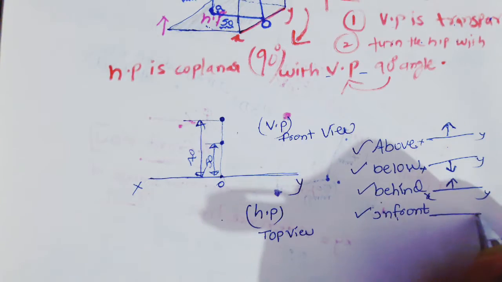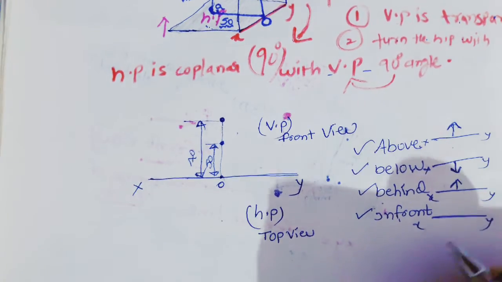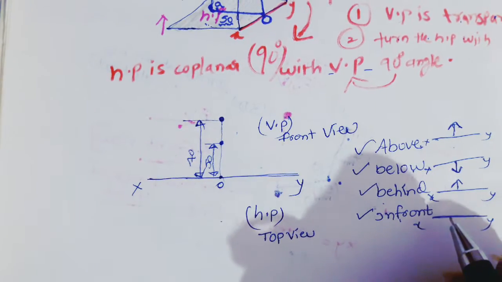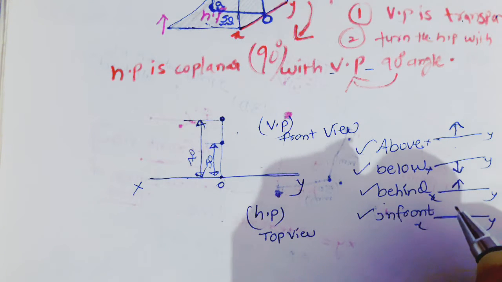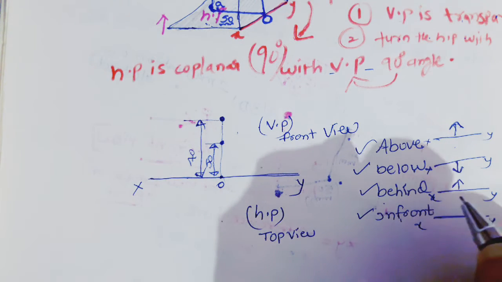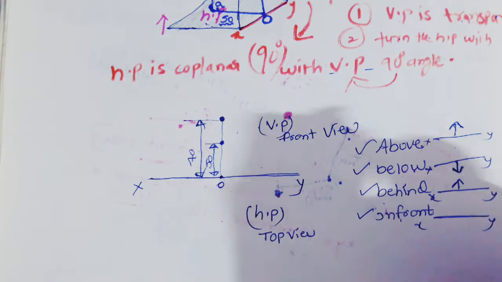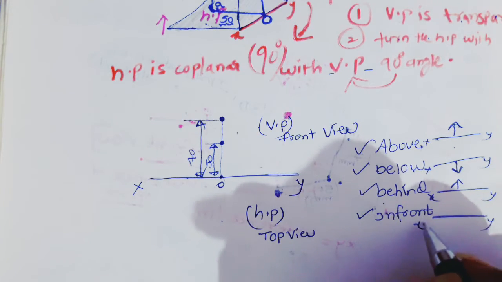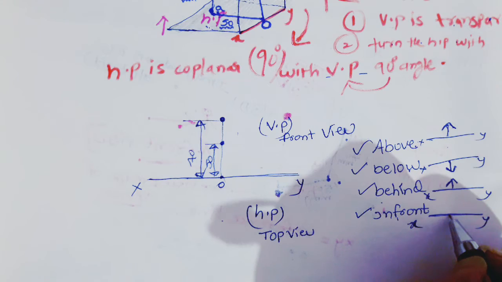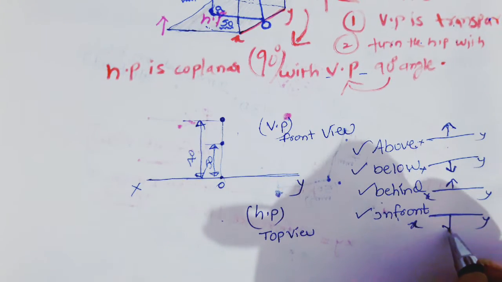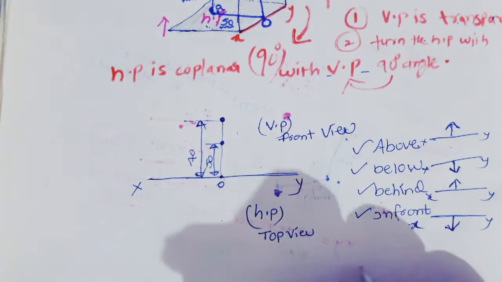Next, in front: if he mentions in the problem in front of the VP or in front of the HP, then you have to show the object below the XY in 2D.